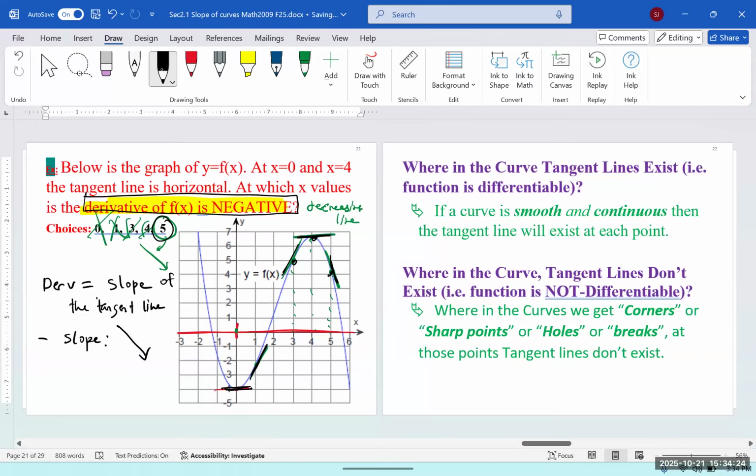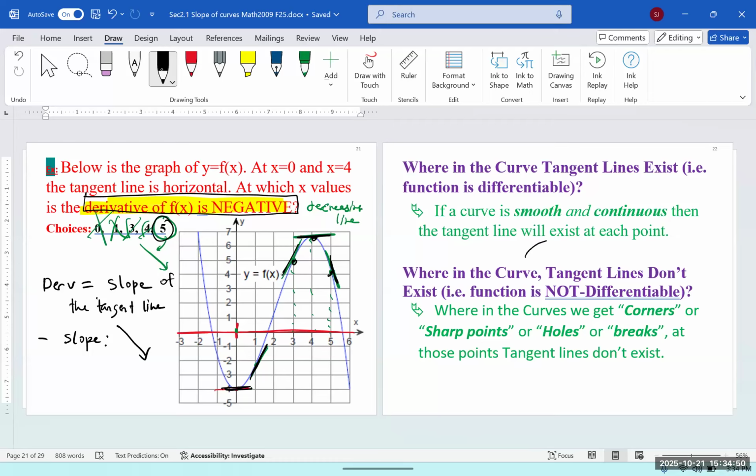Then we have where in the curve you can have a tangent line and where you cannot have a tangent line. In other words, where can you have a slope and where you cannot have a slope? We can have a slope anywhere on the curve as long as it doesn't have any problem.